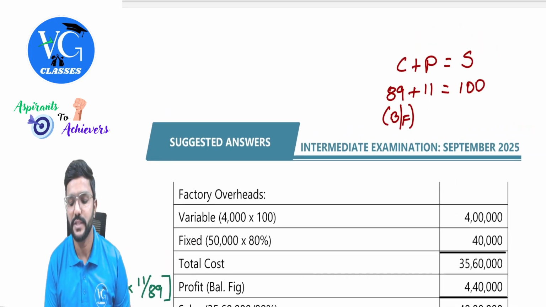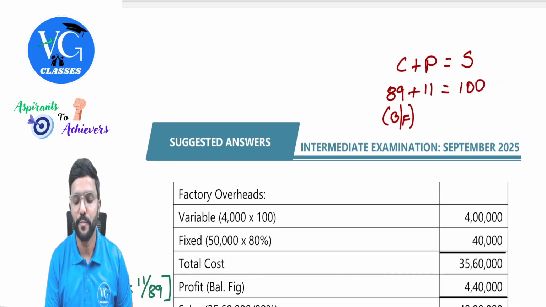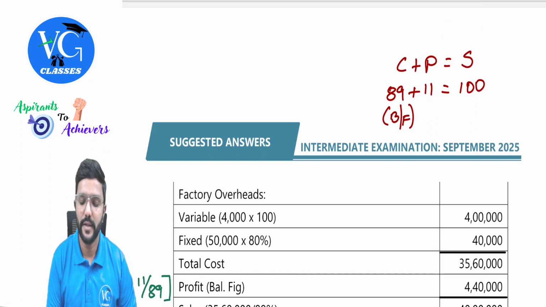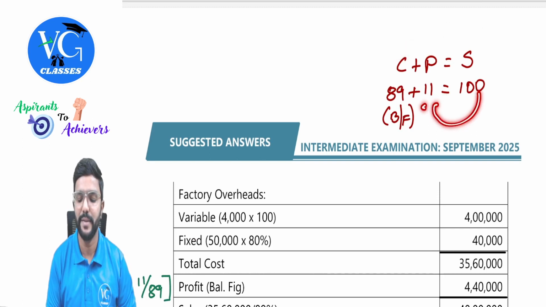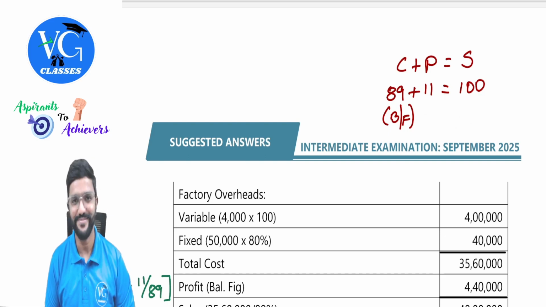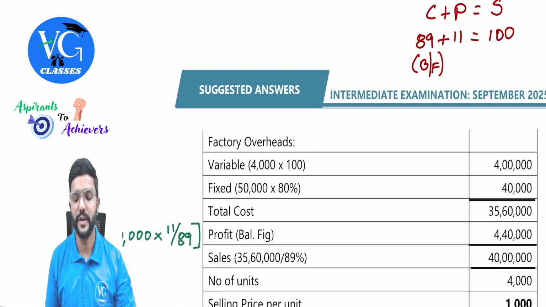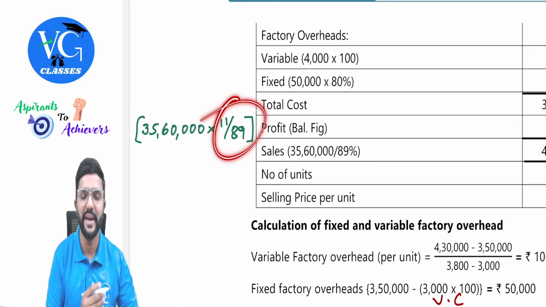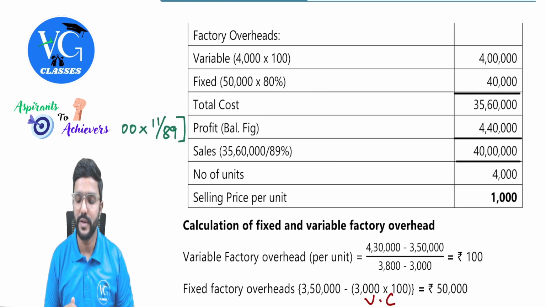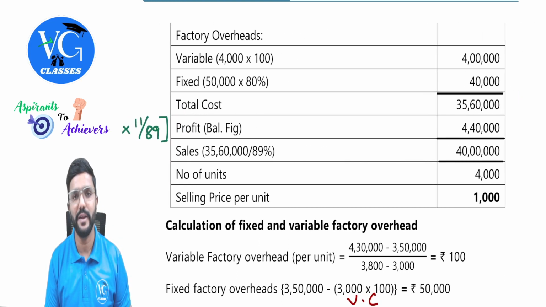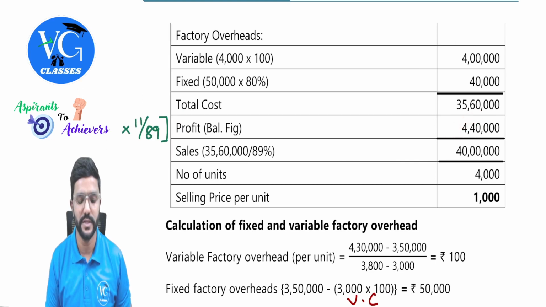How do we get it? Guys, we are assuming sales as 100. So profit is 11% of that, so 11 rupees. Whereas the cost would be balancing figure, that is 100 minus 11, 89. So the profit percentage on cost would be 11 by 89. So the total cost 35 lakh 60,000 into 11 by 89 will give us 4 lakh 40,000.